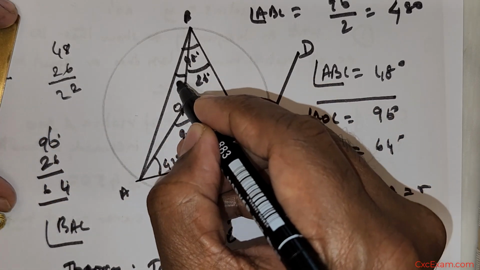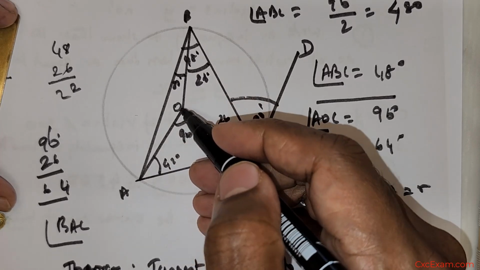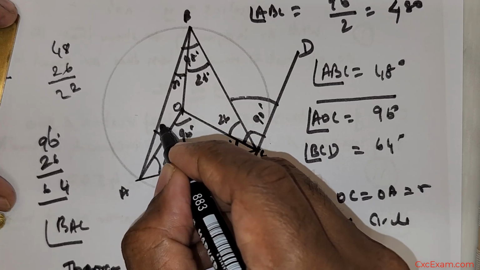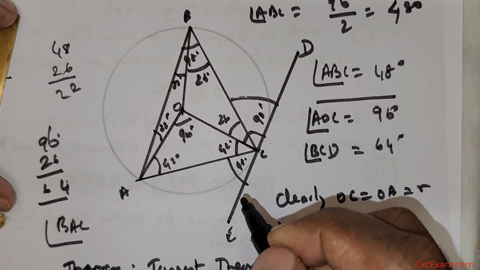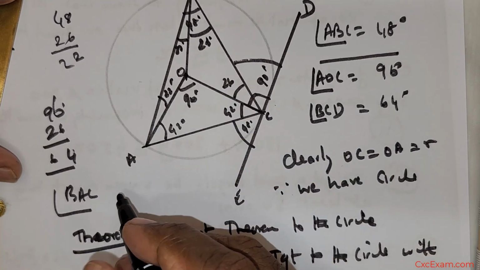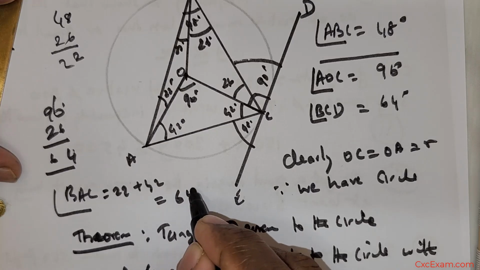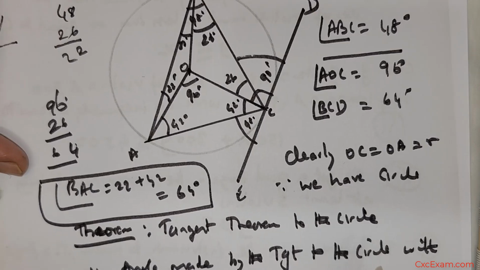So now you know this angle is 22 degrees. Since OB and OA are the same, this angle will also be 22 degrees. This angle is 42 degrees. So BAC will be 22 plus 42, which is going to be 64 degrees. So that's a solution for BAC.